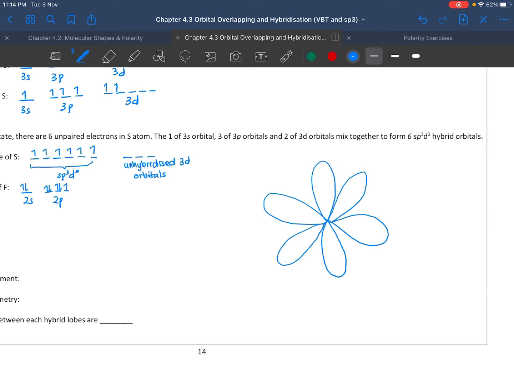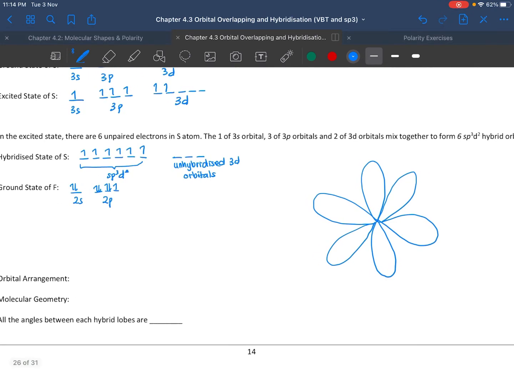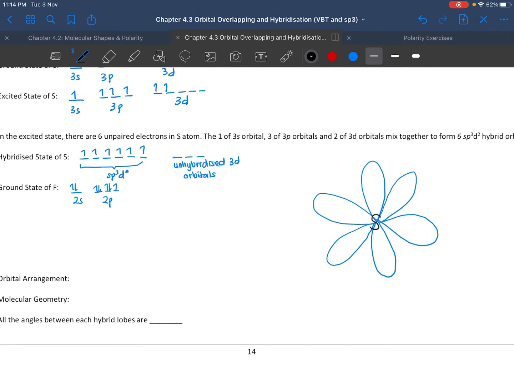Okay, much better. Alright, so this octahedral shape adalah untuk sulfur. So kita pun label lah as terang-terang dekat tengah. Okay, so sulfur. And this lobe, each lobe tu adalah Sp3 D2 hybrid orbital.